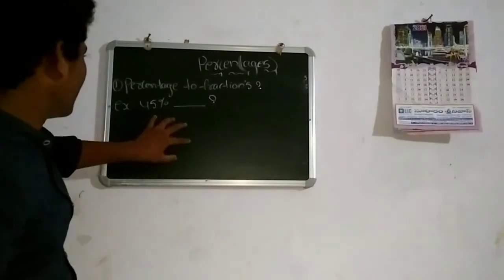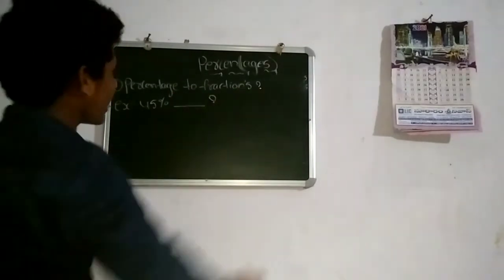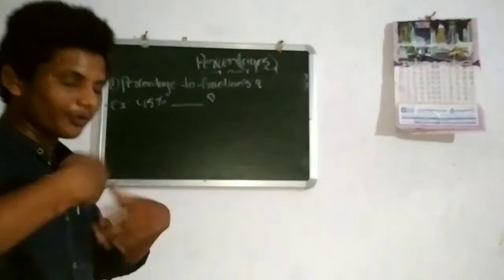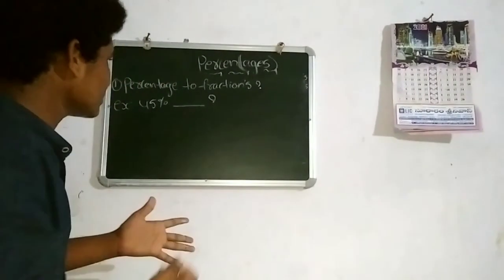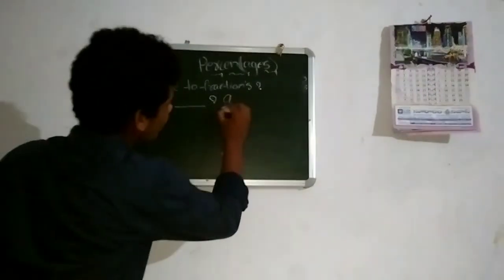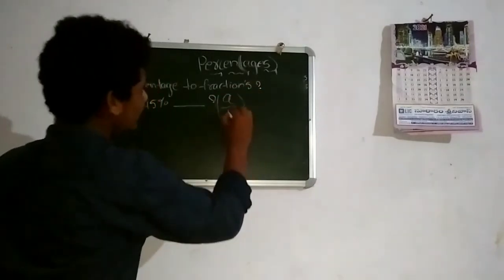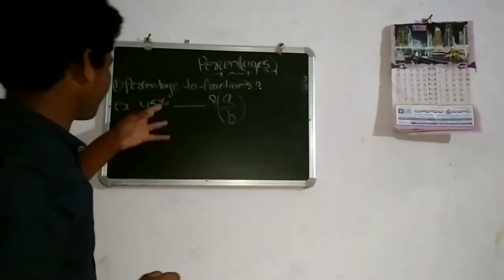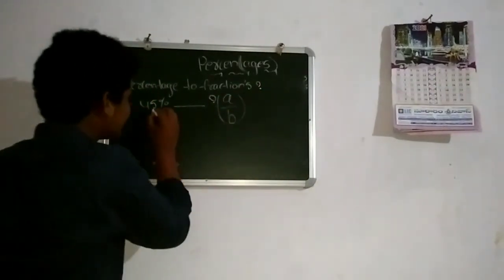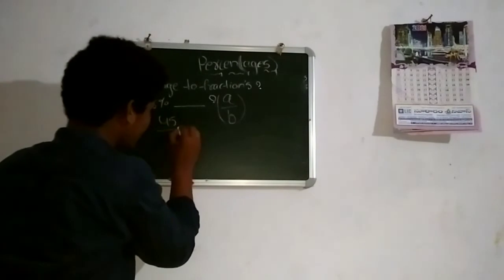Simply converting percentage into fractions. The fraction formula is a by b. Convert this into a by b. 45 percentage symbol means by 100.